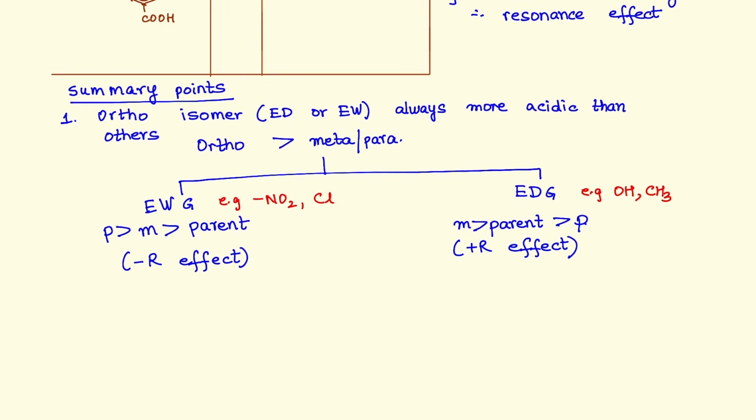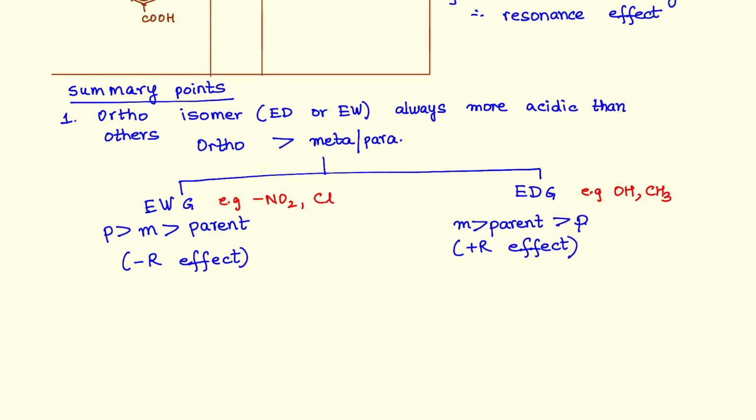So, what I have done over here is to give you a generalization. If there is the presence of an electron withdrawing group, then the order of acidic strength would be para form, meta form, and then the parent compound, whereas in the presence of electron donating groups, it's the meta form, more acidic than the parent form, greater than the para form.